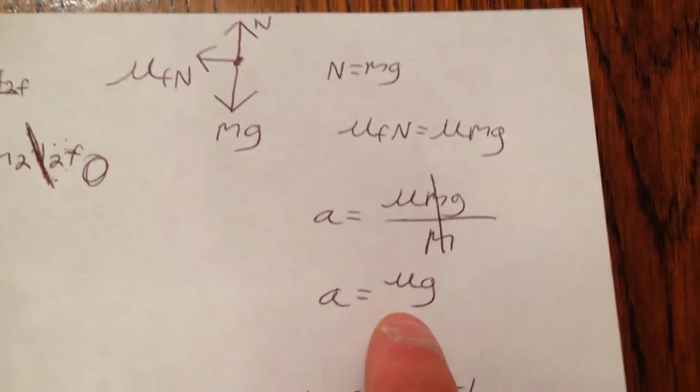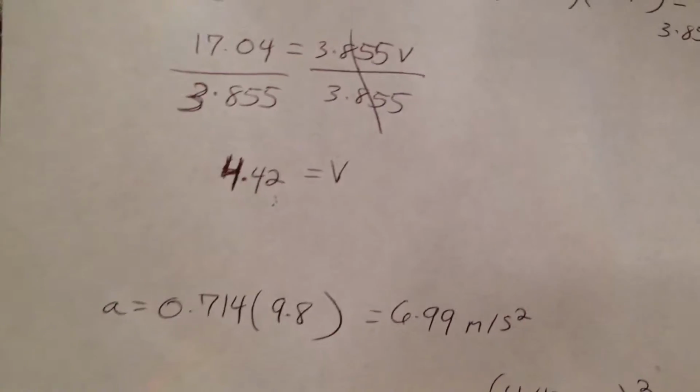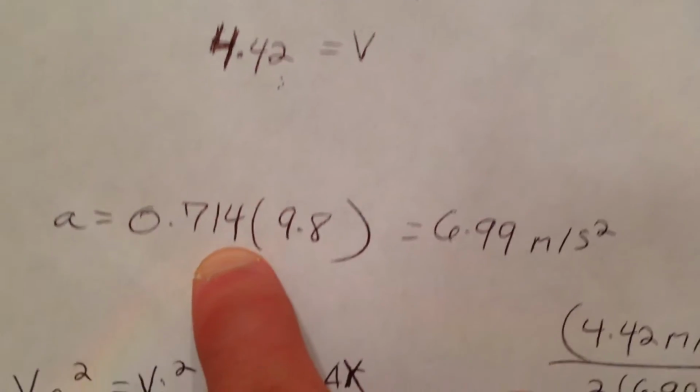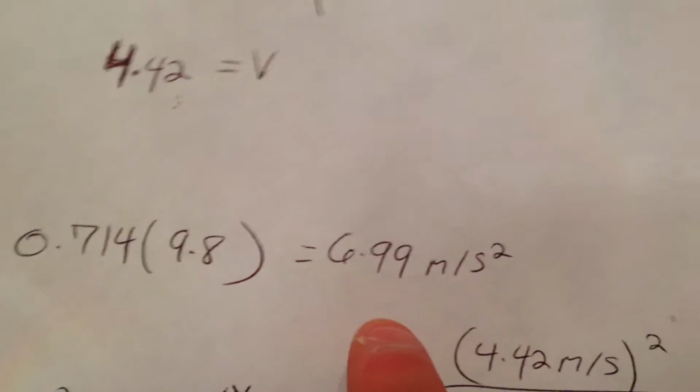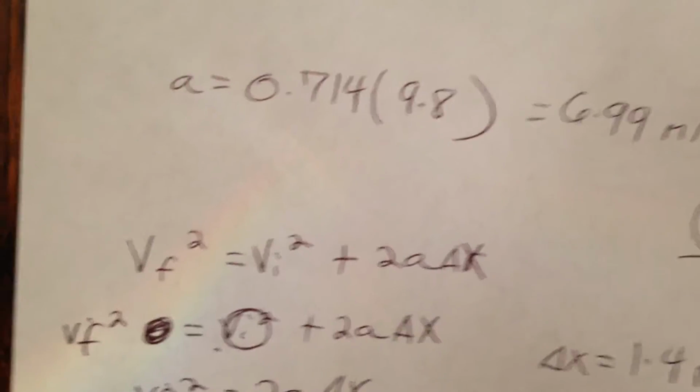So now acceleration just equals mu g. That's the mu, and that's the g. So it's 6.99 meters per second squared. That's the acceleration.